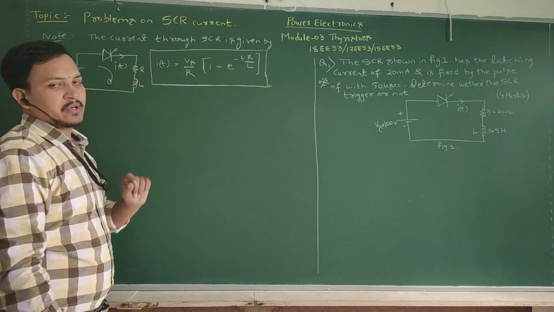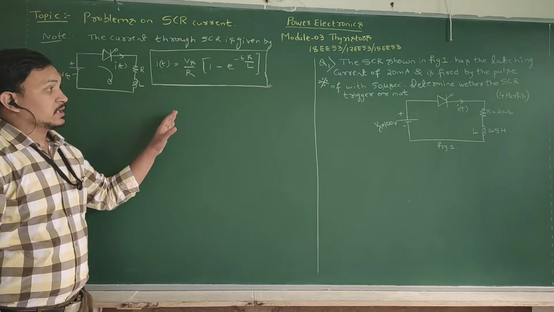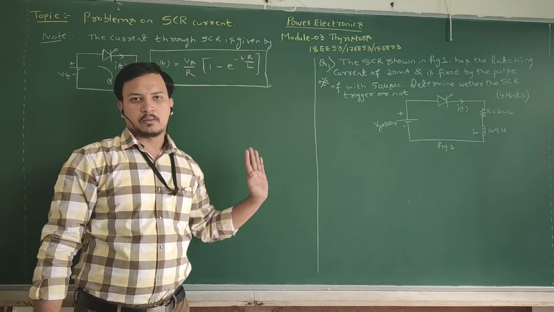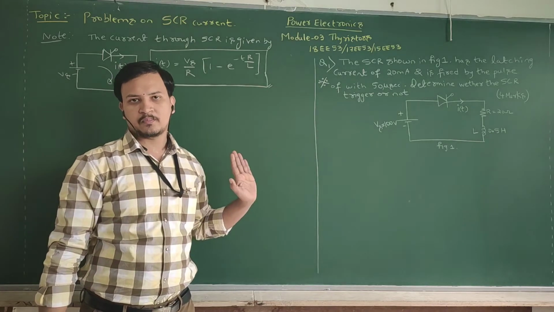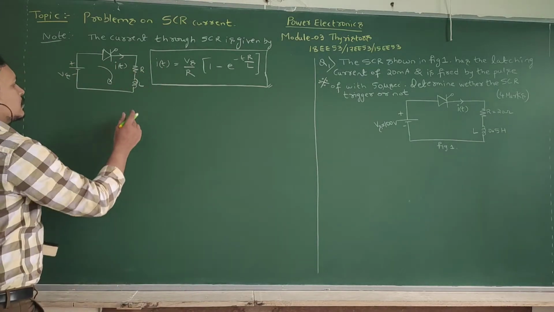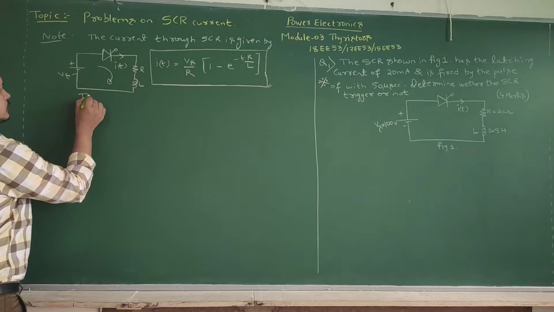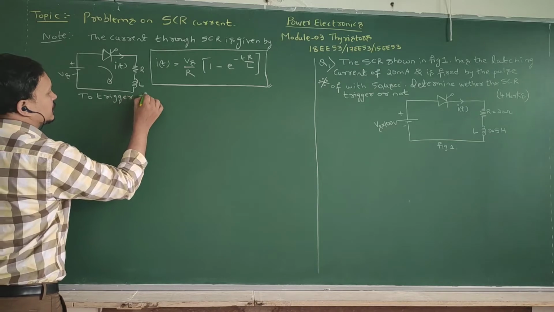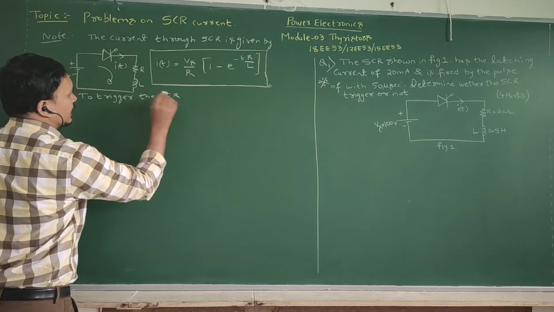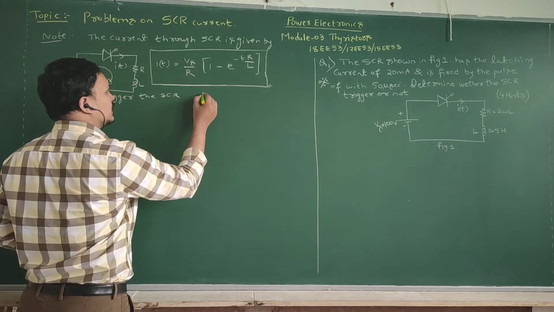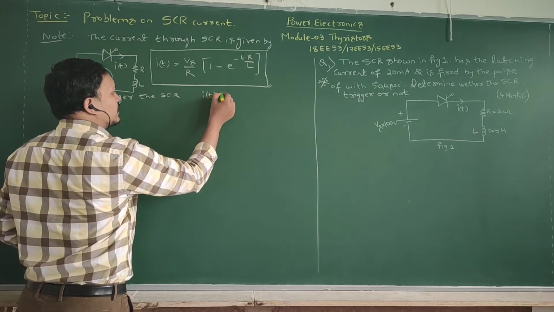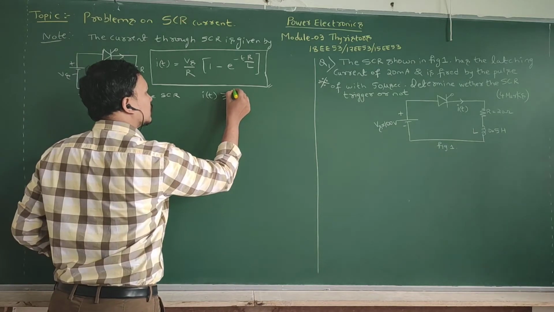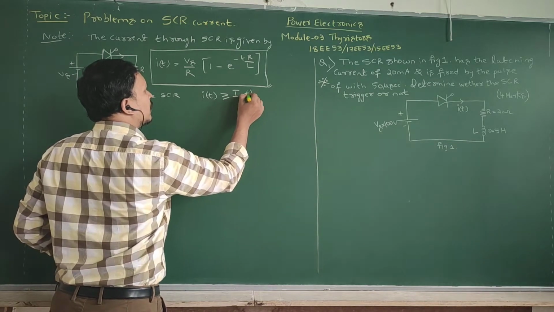So based on this equation, they will ask whether SCR will trigger or not, whether SCR turned on or not, whether SCR is fired or not. So to trigger the SCR, to trigger means turning on, the condition is your I of t value greater than or equal to IL.